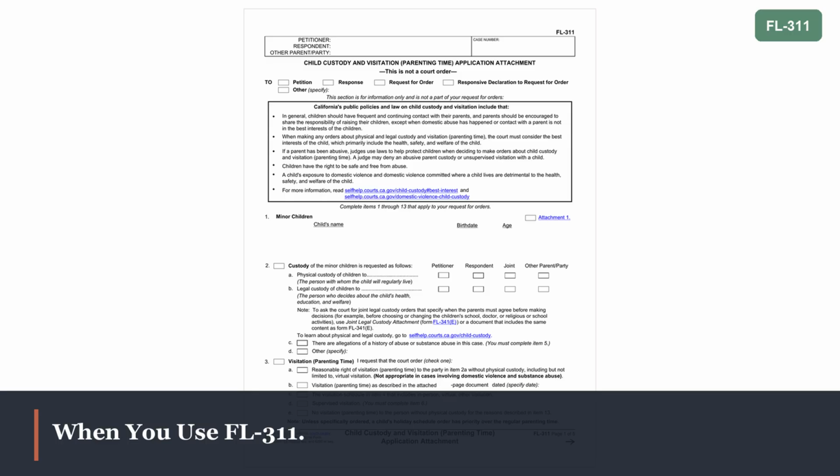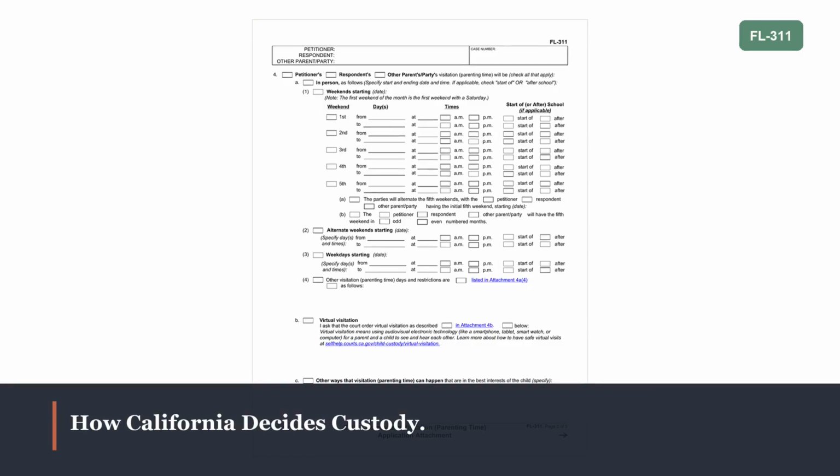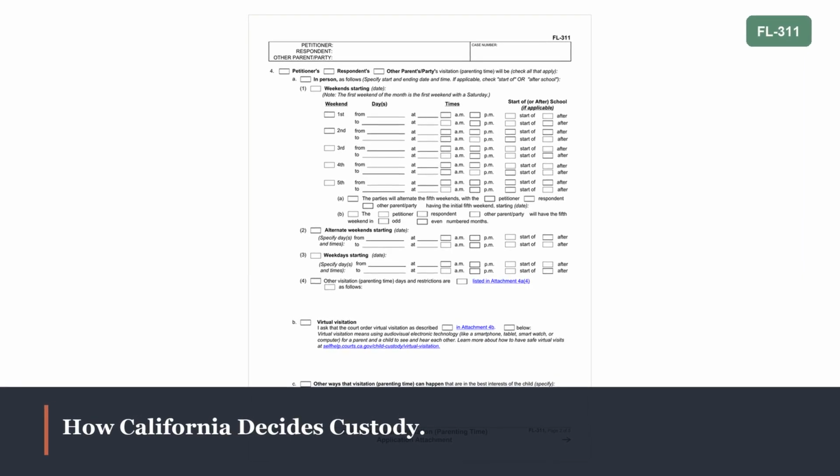See how to fill out form FL-300. Filing FL-311 without attaching it to the correct underlying form, FL-300 or FL-100, is one of the most common reasons a custody request gets flagged as incomplete. FL-311 cannot stand alone.